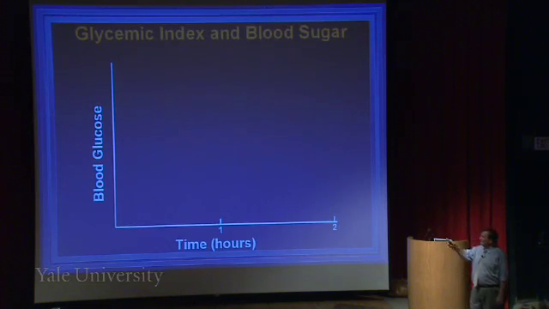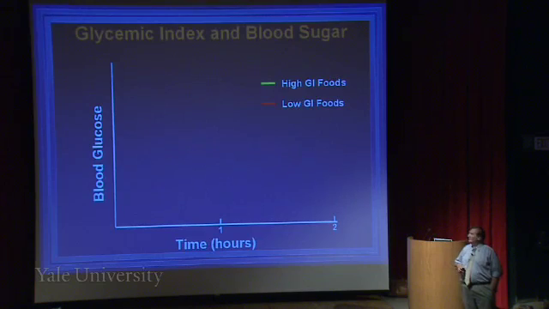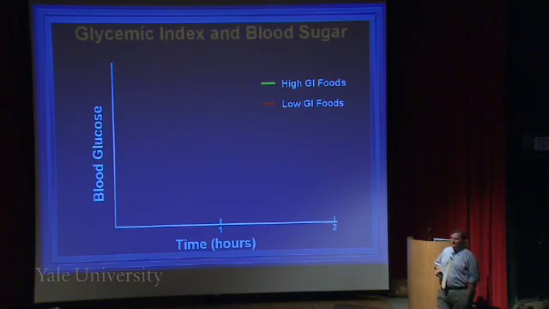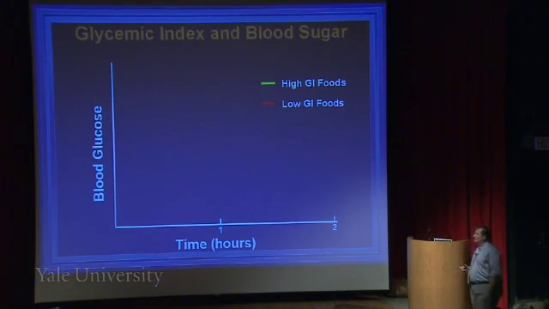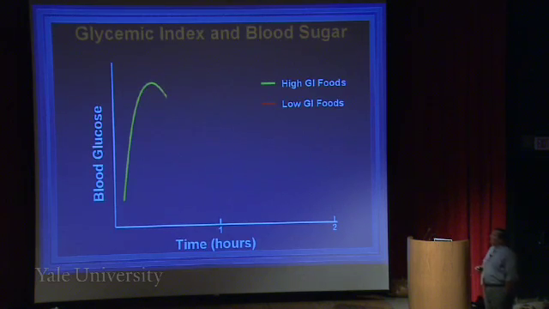So time 0 will be when you first take in a food, and then 1 hour later, 2 hours later will be shown as you go from left to right. And then we'll have blood glucose level up on the y-axis. And we're going to compare high glycemic index foods with low glycemic index foods. And so the curve of blood sugar with high glycemic index foods, those that create an exaggerated blood sugar response over a period of time, might look like this.